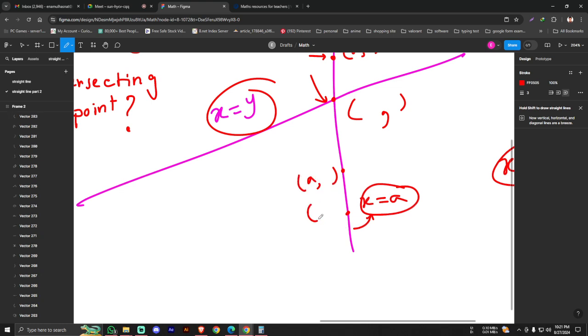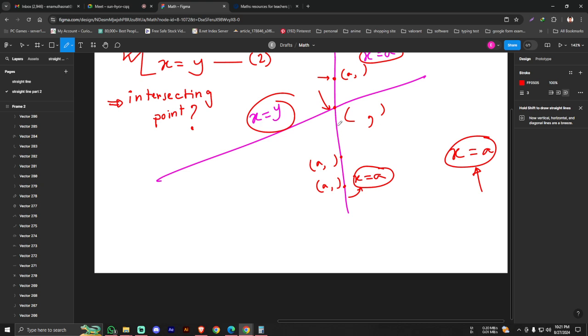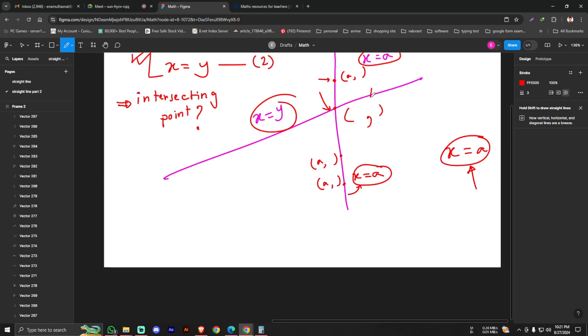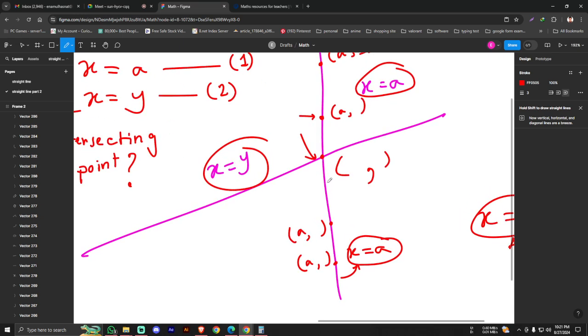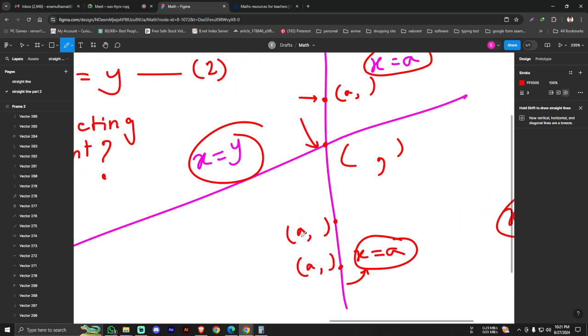The y comes later. Any point that you take on this line, or the x is equal to a equation or the graph here, the value of x will always be the same, which is a.